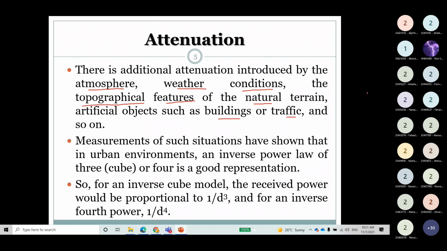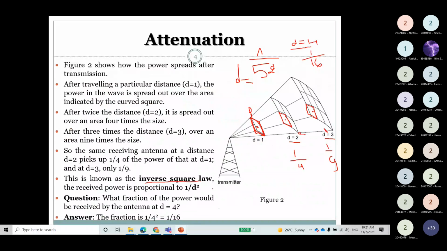So measurements of such situations have shown that in urban environments, an inverse power law of 3, cube, or 4 is a good representation. It is not just the inverse of the square. It can be the inverse of the cube or of the fourth power. Why?